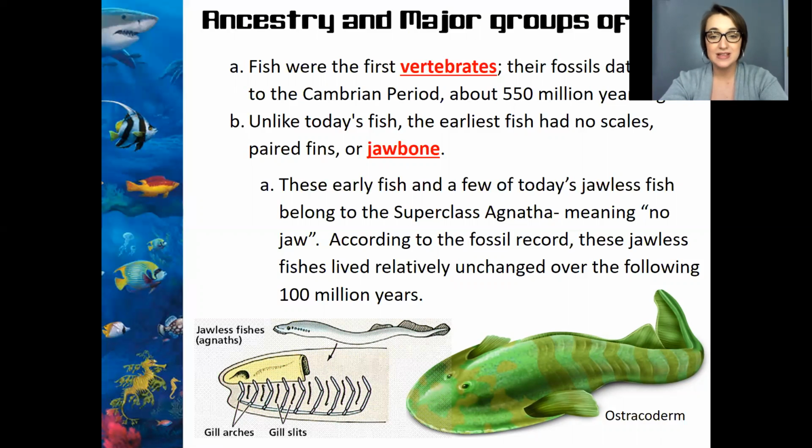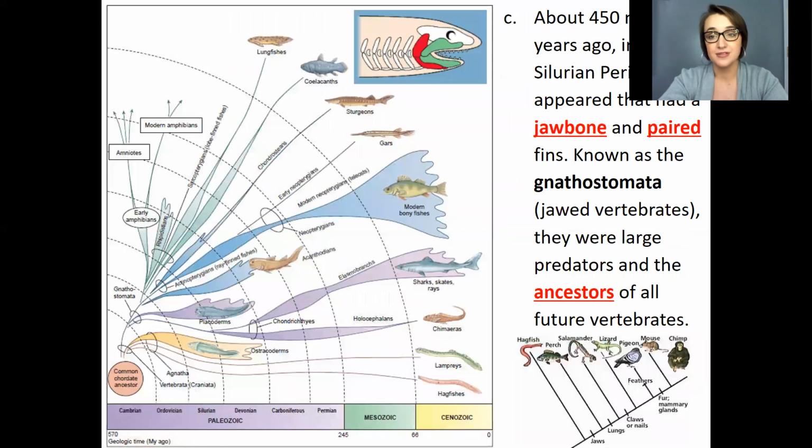So some of these jawless fish belonged to one of the classes called Agnatha. These were going to be our first that we have on fossil record. They pretty much stayed unchanged for about 100 million years. But at this time, the ocean itself remained unchanged, so they didn't have to evolve a whole lot. But once our Earth started to come out of that baby phase, if you will, they then had to either evolve or die off.